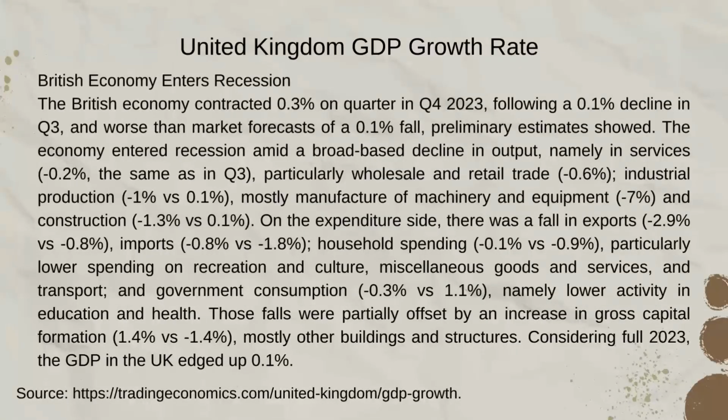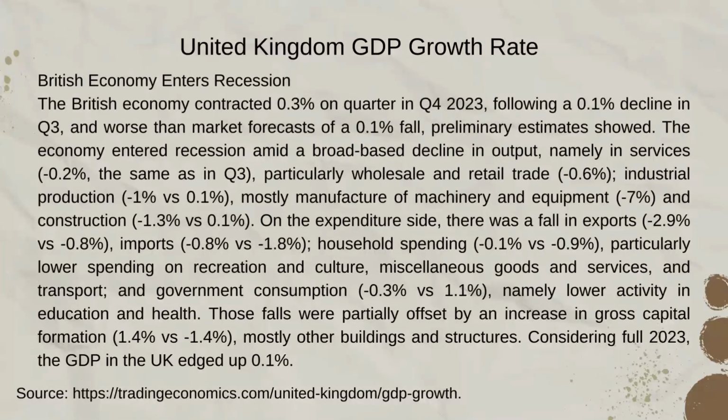The economy entered recession amid a broad-based decline in output, namely in services, negative 0.2%, the same as in quarter 3, particularly wholesale and retail trade, negative 0.6%; industrial production, negative 1% versus 0.1%, mostly manufacture of machinery and equipment, negative 7%; and construction, negative 1.3% versus 0.1%.